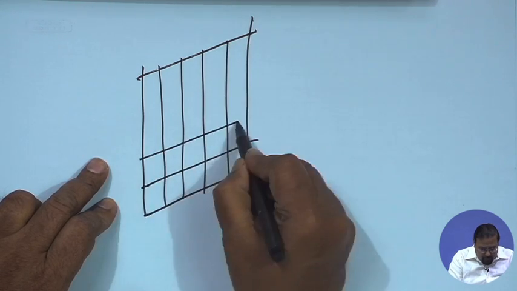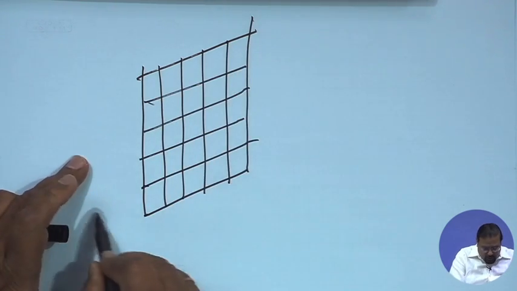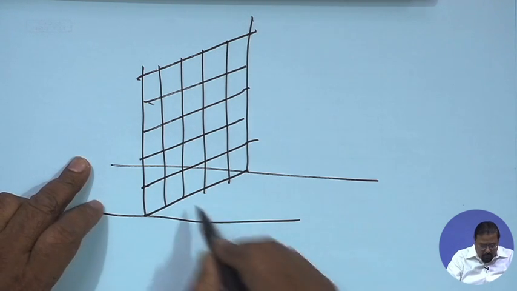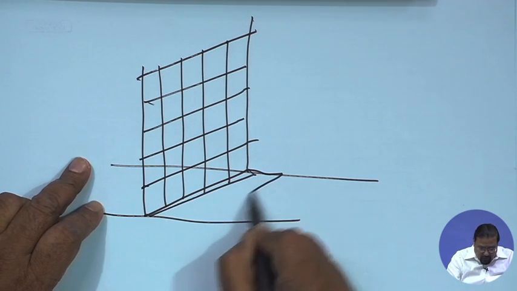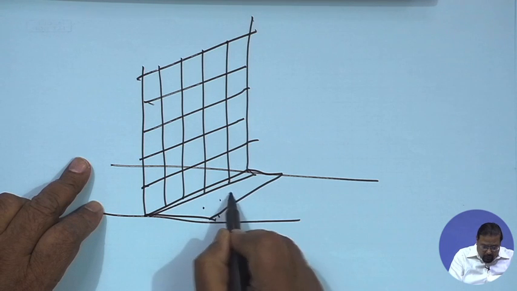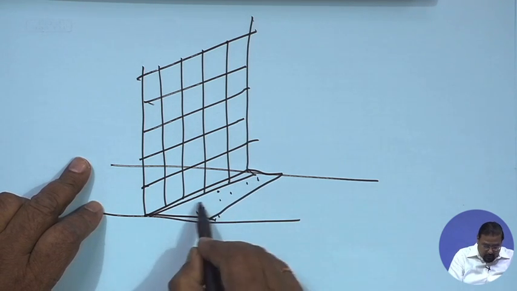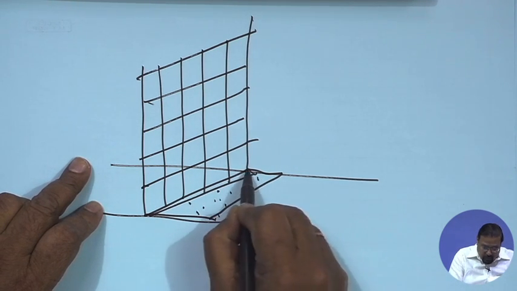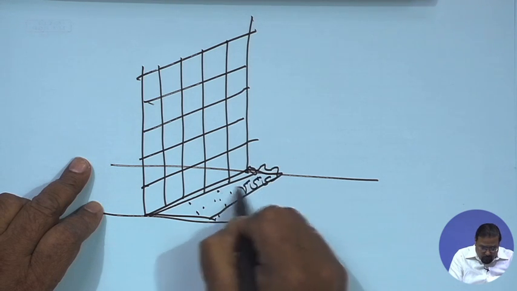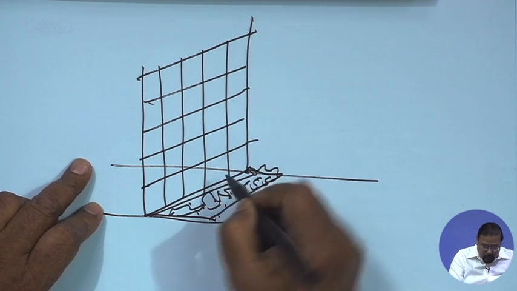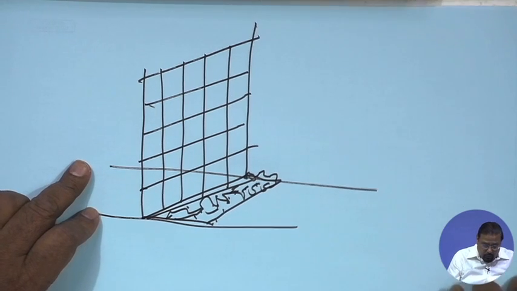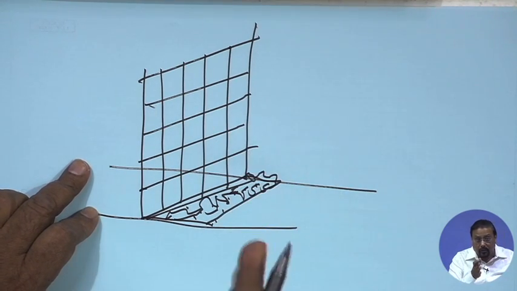A frame like this, which will be standing on the base of the soil, and then there will be a bed. On this bed, which will be a soil bed, creepers will be planted. These creepers will grow and they will be supported on this particular vertical frame.